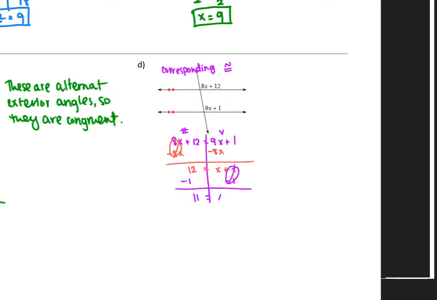So I have 11 equals x. And just like the previous one, I don't need to divide by anything since I already have x by itself. And now I need to write my explanation. So I'm going to say these are corresponding angles, so they are congruent.